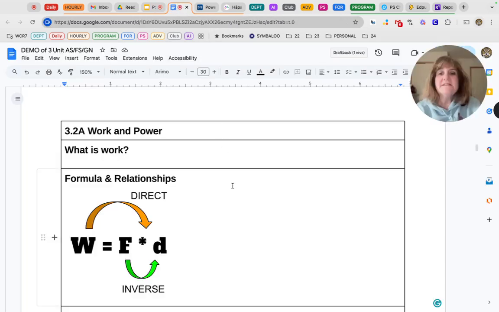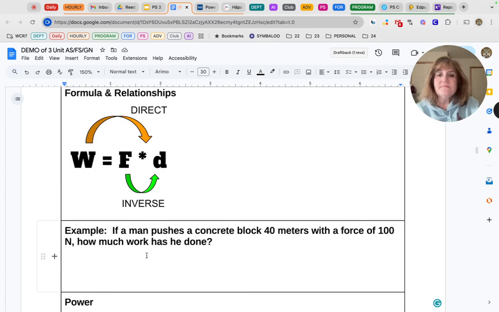Let's look at an example. In your notes, it says, if a man pushes a concrete block 40 meters with a force of 100 newtons, how much work has he done? Remember that work is equal to force times distance.